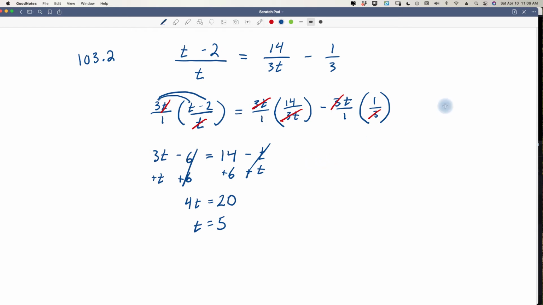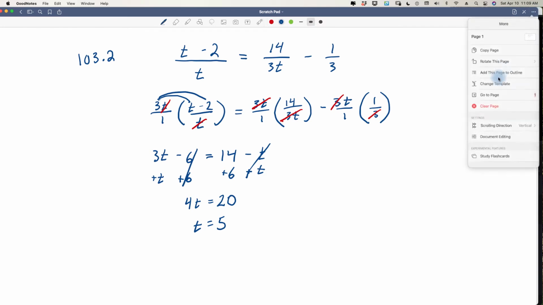Okay? Let's do another one. We'll get a little bit harder this time. All right, so now they're asking us to solve n over n plus 2 minus 3 over 5 equals 0.